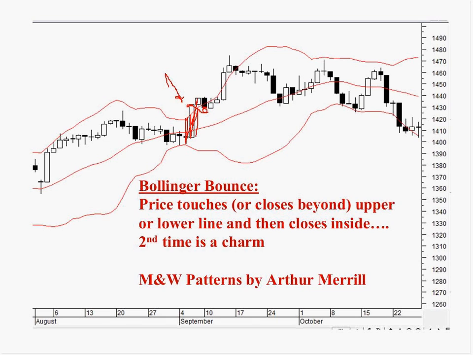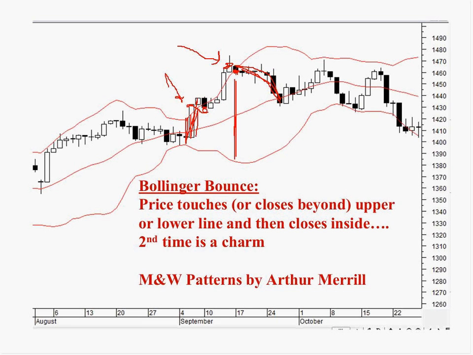However, look at this one here. It closes above the Bollinger Band, then underneath. That's a more reliable Bollinger Band bounce signal, because the bands were quite wide at the time. After that, quite often you'll see price go back to the mean.